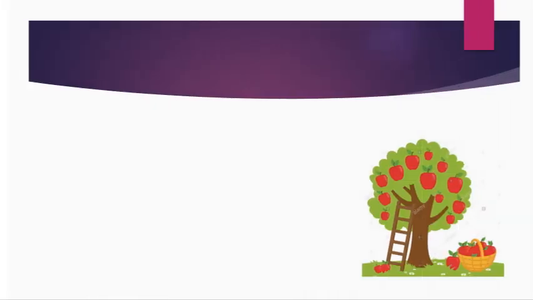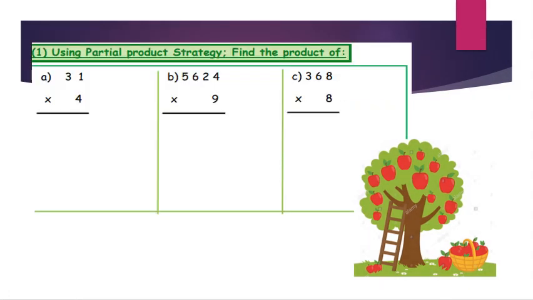I think it's too easy, so let's go to the next slide using the partial product strategy to find the product. Who can remind me of the partial product we mentioned before? Just focus on the value of the factors, right?